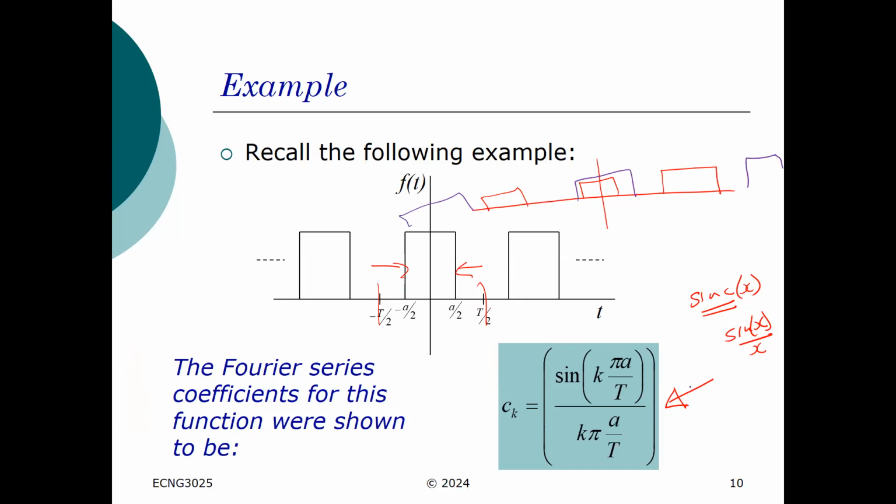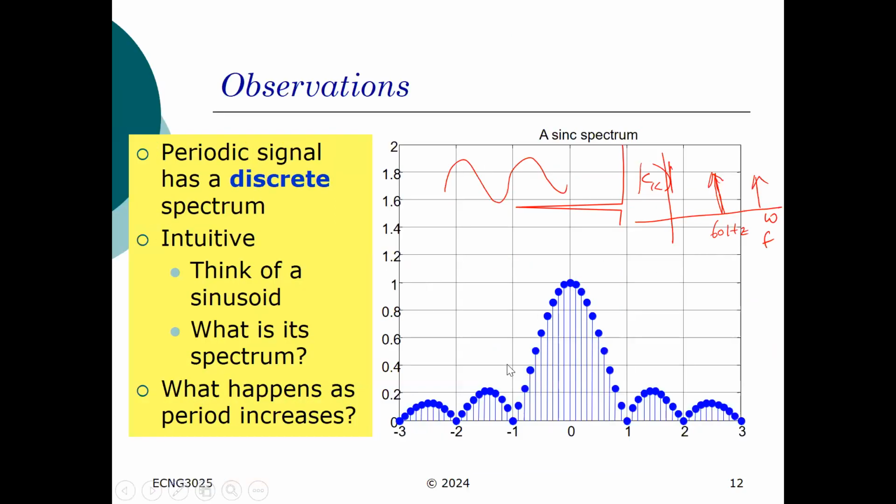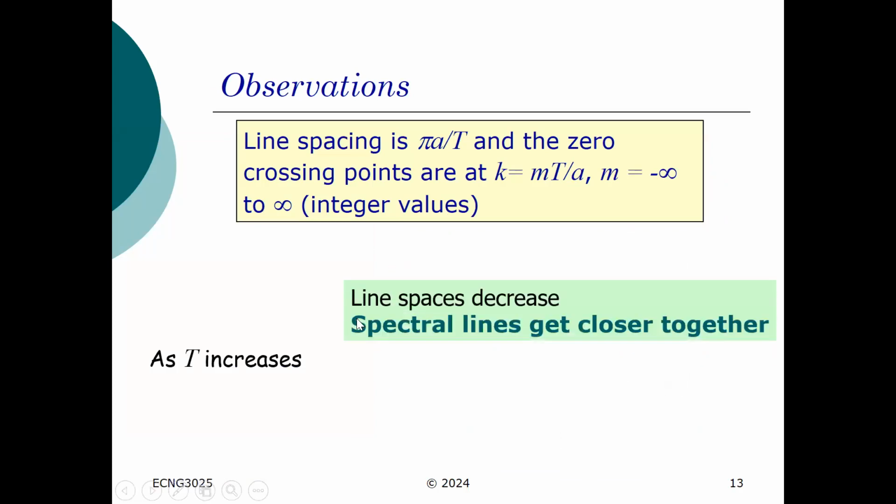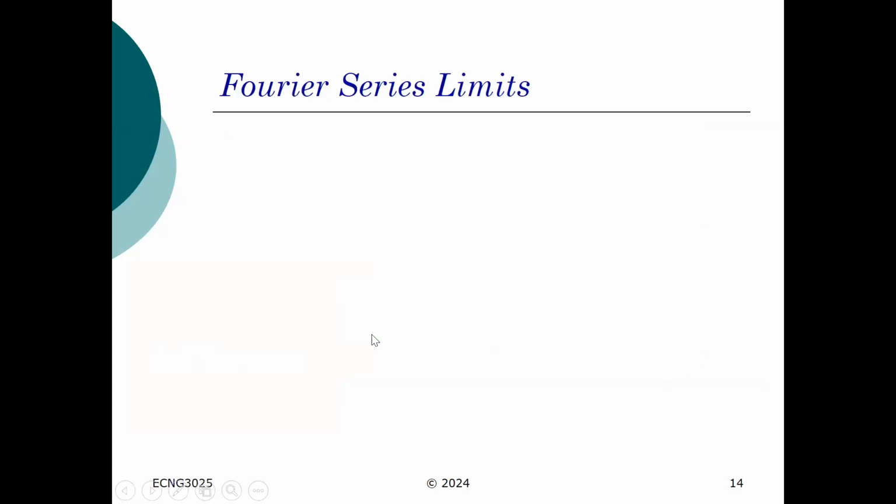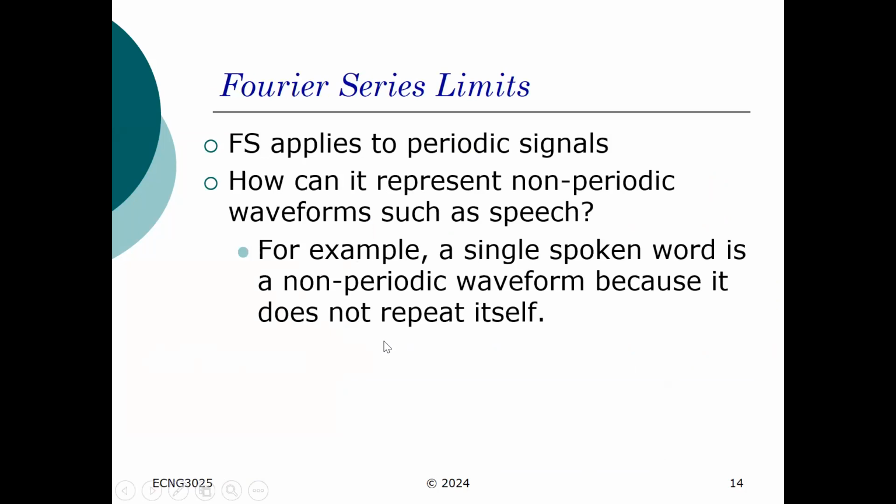And eventually, what you get is that these points get so close together and move apart, so the spectrum starts to flatten out, right? We're going to use that a little bit in a short while.